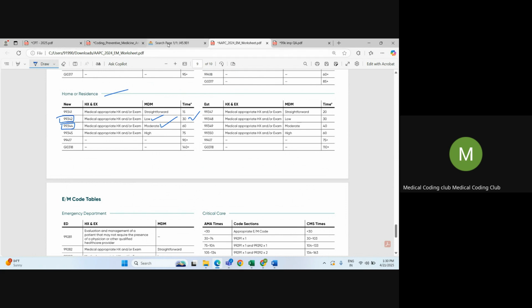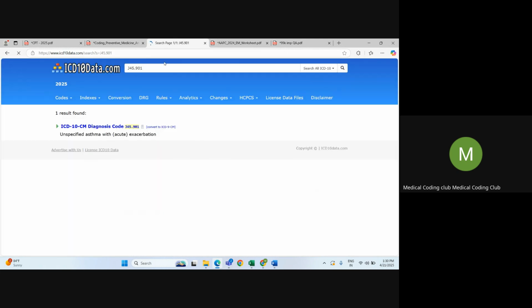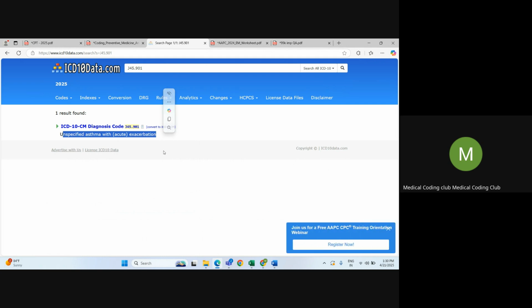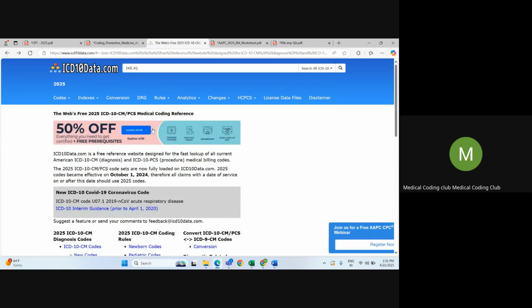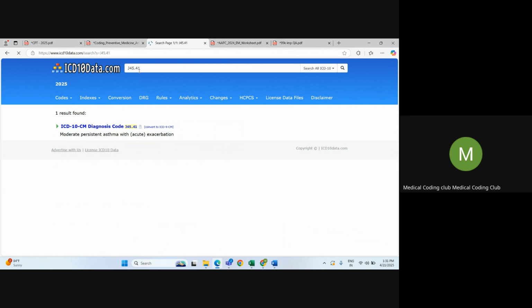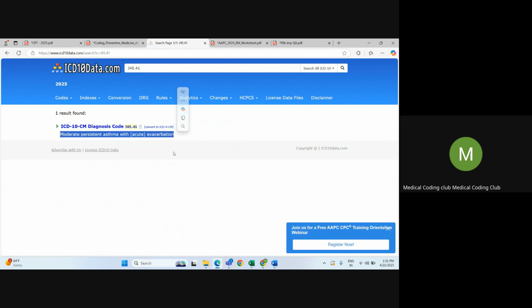And if you check J45.901, unspecified asthma with acute exacerbation, and one more, J45.41, you can see it is moderate persistent asthma with acute exacerbation.